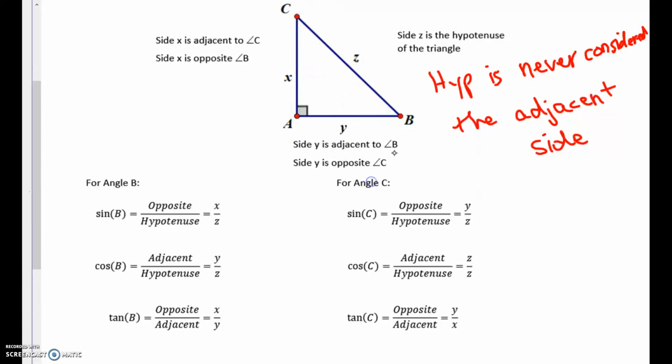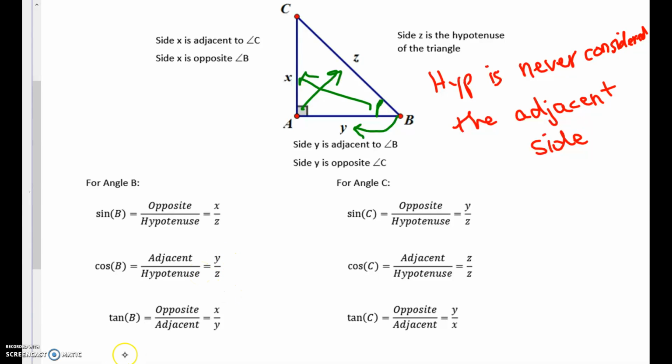So when I look now at angle B, my opposite side is X, and the hypotenuse is Z. So for angle B, sine is X over Z. Cosine of angle B is defined as the adjacent side over the hypotenuse. My adjacent side for angle B is Y. My hypotenuse is still Z. So adjacent over hypotenuse for angle B is Y over Z.